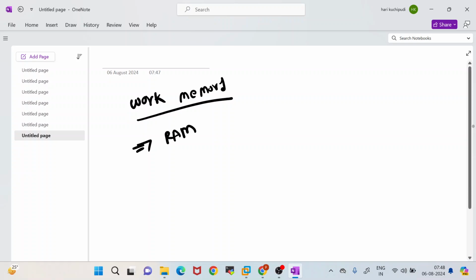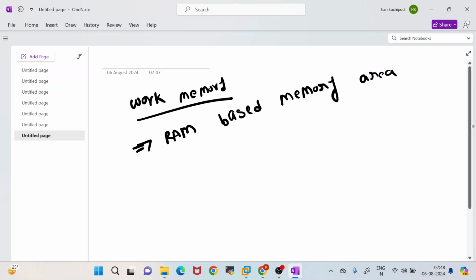Whatever value we define using the work memory parameter will be taken from the RAM only. All the memory components that we have discussed so far are RAM based memory areas.